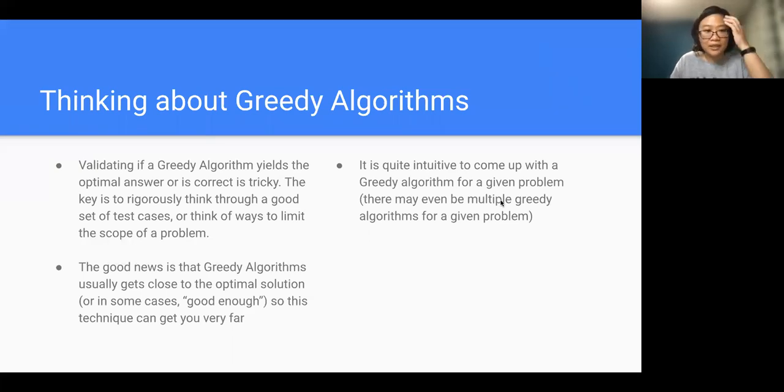As we'll find out later, there are certain problems that we know about as a human race for which we haven't found the optimal solution, but greedy algorithms get you close enough to a good enough answer. More about that later.